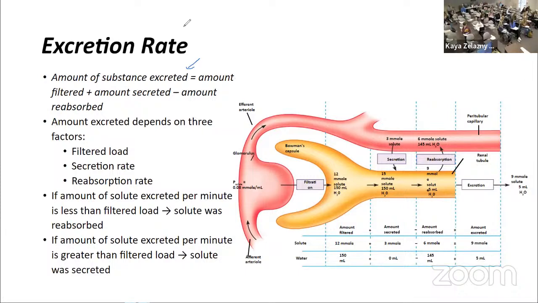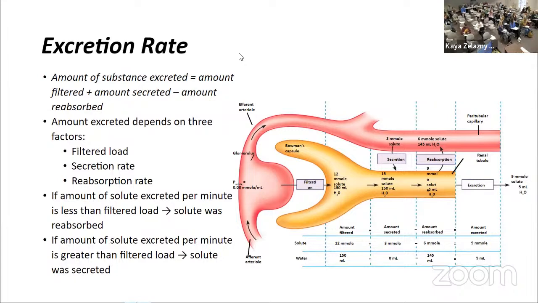you can imagine that you might be able to look at how much is being excreted. We can measure that in someone's urine. And if you can find out how to measure how much is being filtered, for example, you can then do some guesswork and some math to figure out some of these other more difficult to measure values. So the amount that gets excreted is going to depend on the filtered load of your molecule.